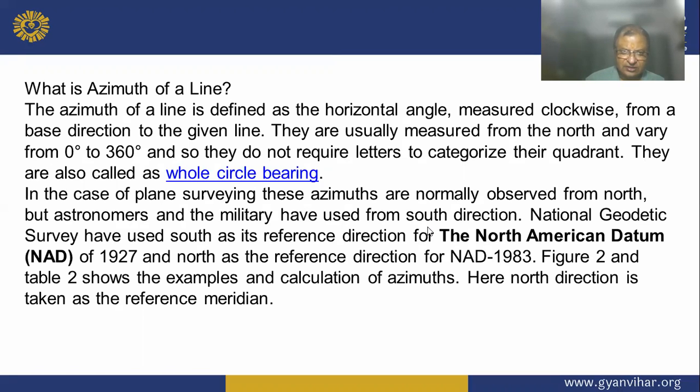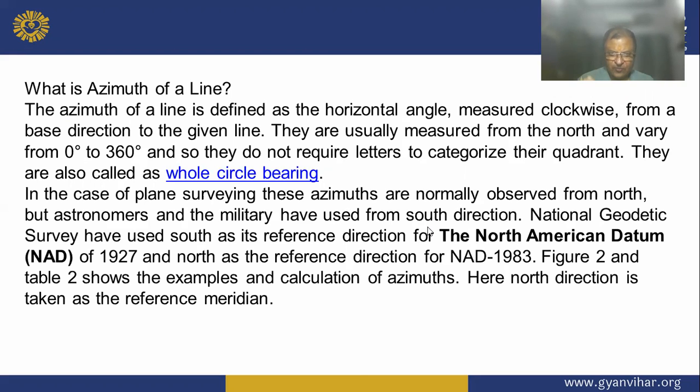but astronomers and the military use the south direction. The National Geodetic Survey used south as the reference direction for the North American Datum NAD of 1927, and north as the reference direction for NAD 1983, figure 2, table 2.